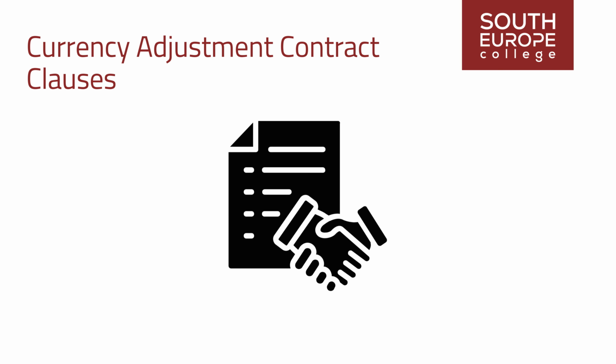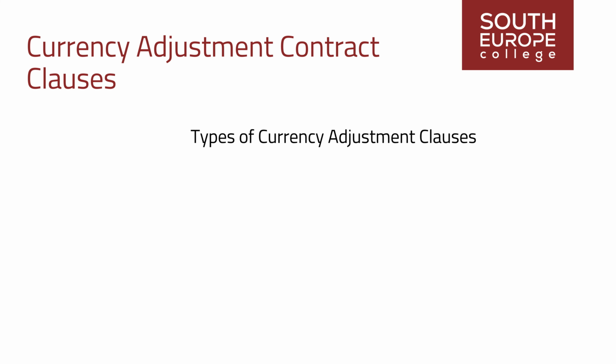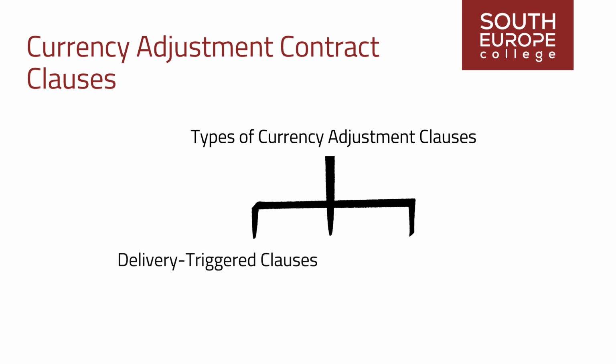With currency adjustment clauses, both parties agree that payment occurs as long as exchange rates do not fluctuate outside an agreed-upon range or band. Purchase contracts often contain one of two types of currency adjustment clauses: delivery-triggered clauses and time-triggered clauses. Delivery-triggered clauses stipulate that the parties will review an exchange rate before delivery to verify that the rate is still within the agreed-upon range.